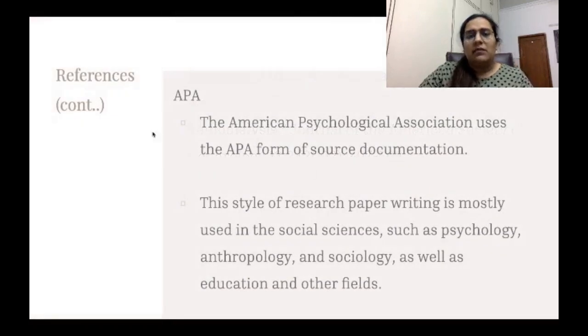The next is APA. APA, the American Psychological Association, uses the APA form of source documentation. This is the most used format of referencing. This style is used in social sciences, psychology, anthropology, sociology, education, and other fields.